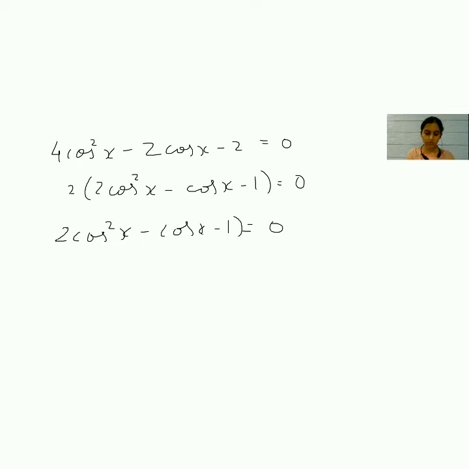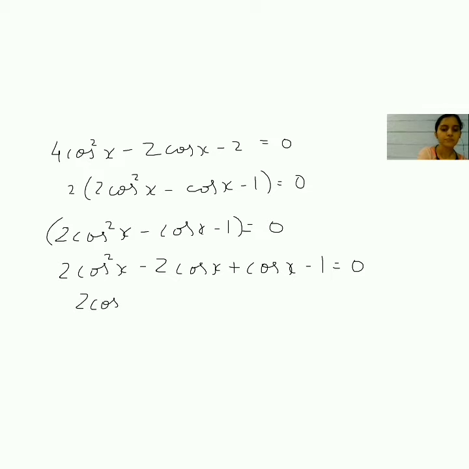Okay. So what are the factors? Factors can be written as 2 cos square x minus 2 cos x plus cos x minus 1 equal to 0. So we have 2 cos x common, cos x, sorry, mistake, cos x minus 1 plus 1 common, cos x minus 1 equal to 0.